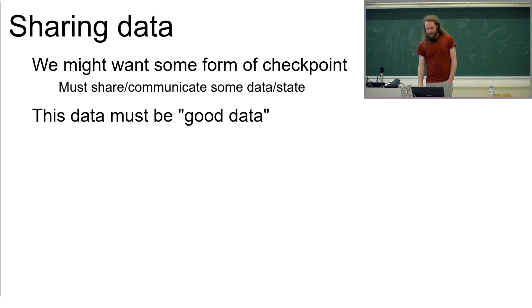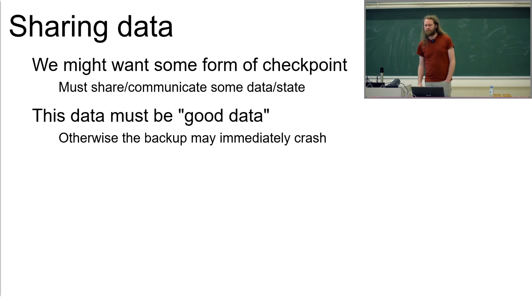So we have the challenge here. We need to send data from the primary to the backup, and then the backup, when it restarts, needs to be sure that the data it gets is good data. Because if it gets bad data, it's going to fail an acceptance test. And then it goes, well, that failed.